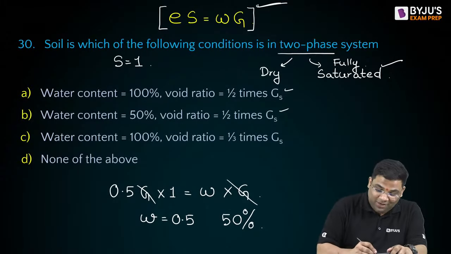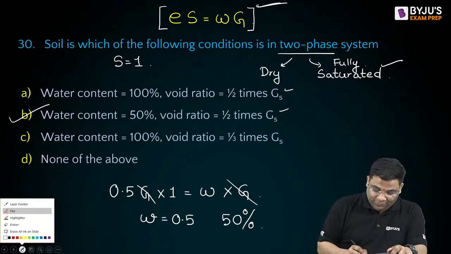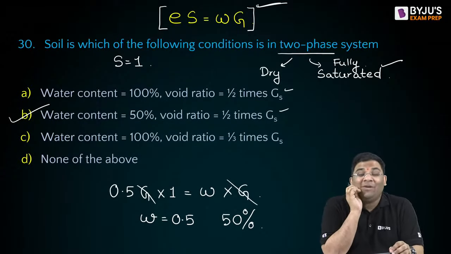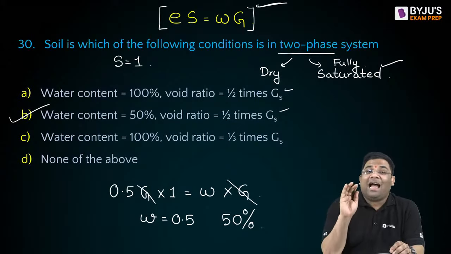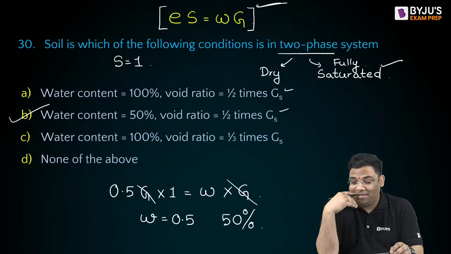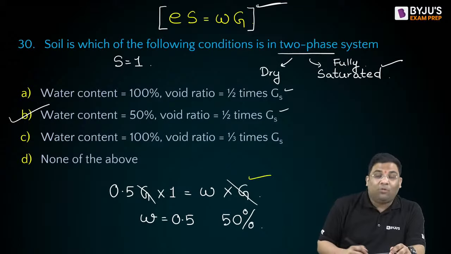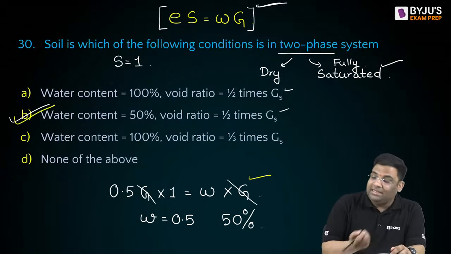So the answer is B. Understood this question or not? It was a little tricky, right? They have not directly given it. The void ratio is 0.5 times G, so this relationship holds, and the B condition is getting satisfied.